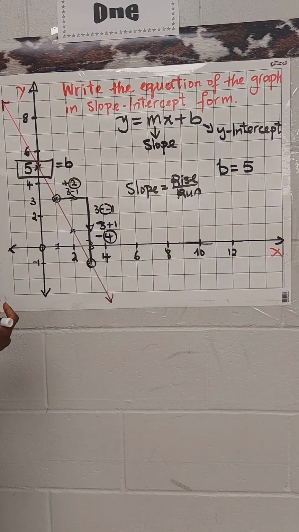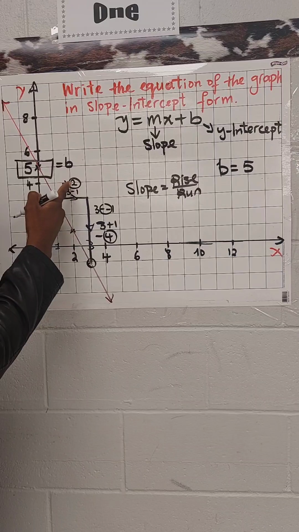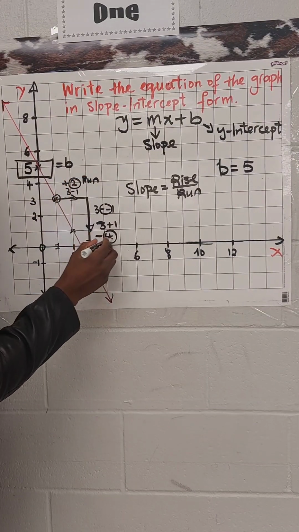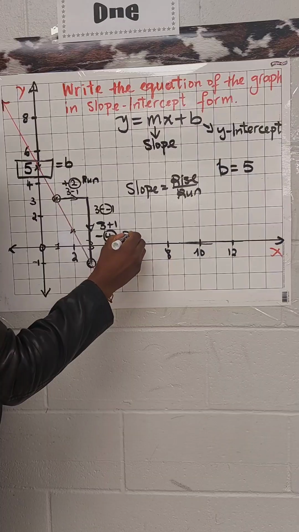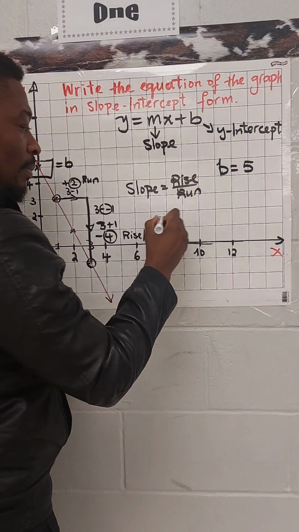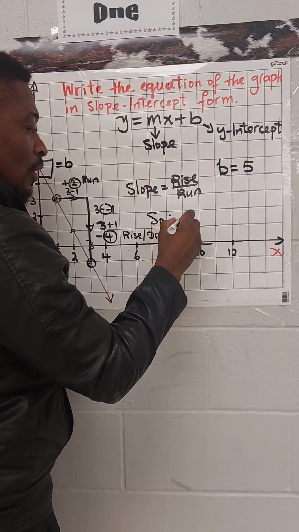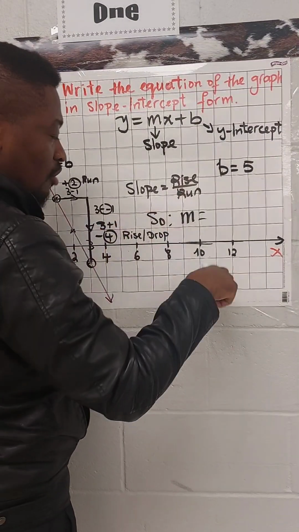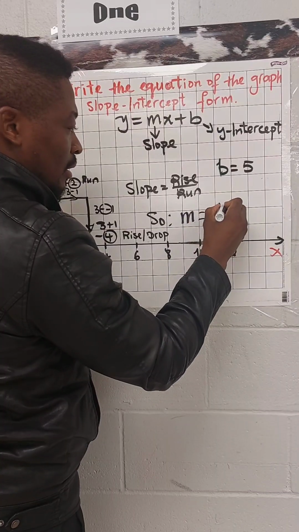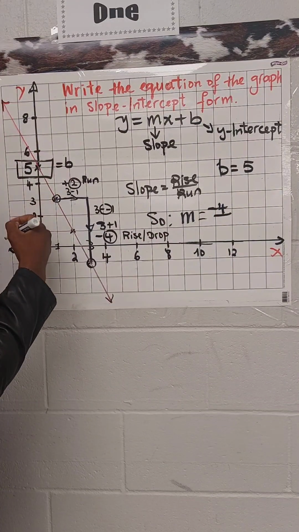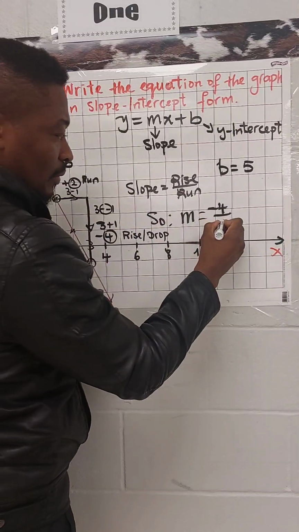So now that I know my rise and my run, this is my run right here. This +2 is the run, and this -4 is the rise, which in this case is a drop. So the slope, so M is a rise of, or a drop of -4 divided by a run of +2.